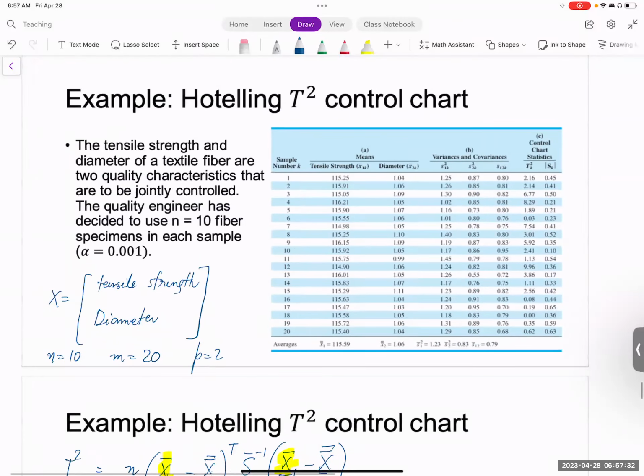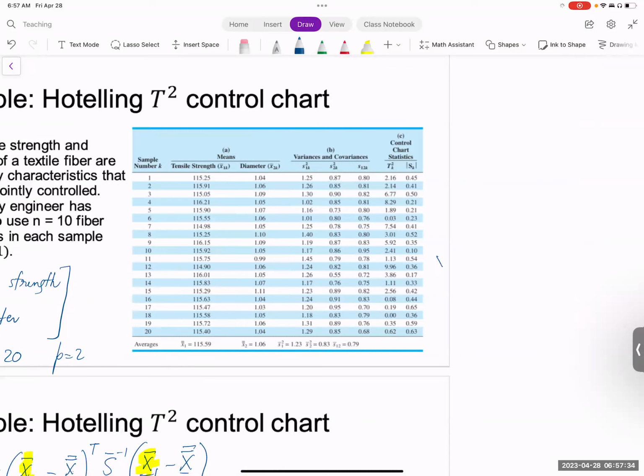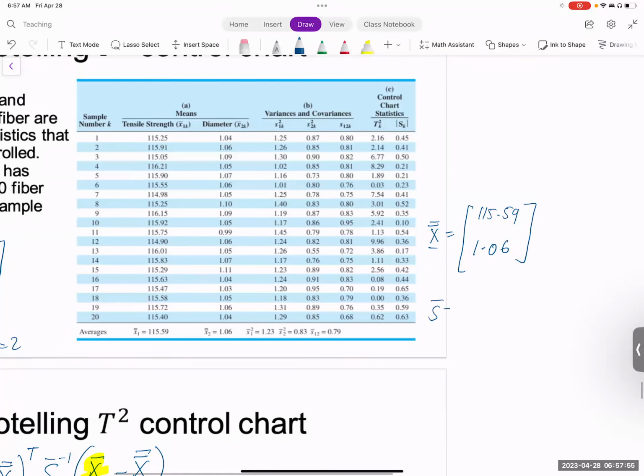In the problem here, x double bar is at the bottom of the first two columns, the tensile strength and the diameter, which is equal to 115.59 and 1.06. That's your x double bar. And then your S̄ is also given right here: 1.23, 0.83, and 0.79, 0.79.